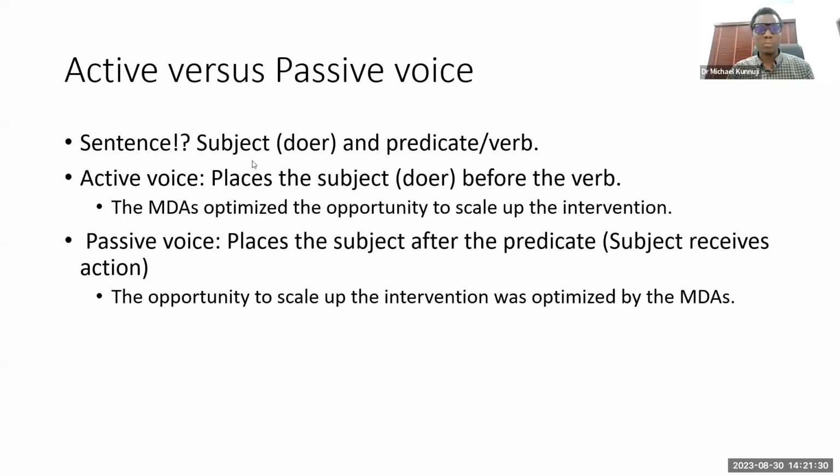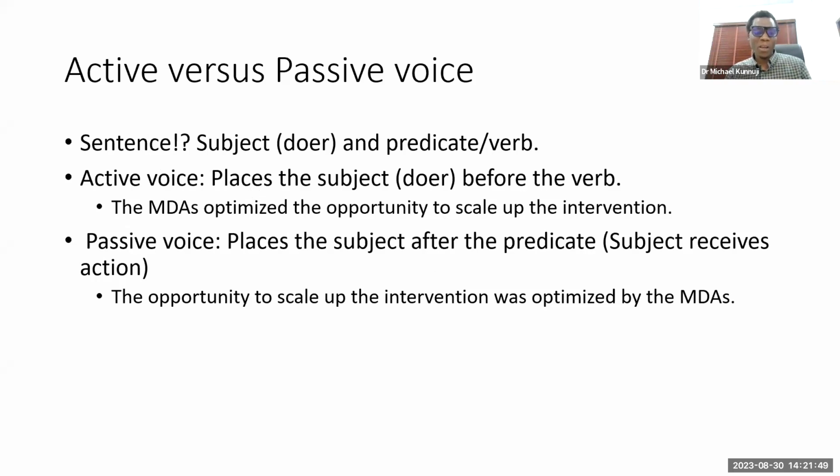Let me see if I can share this example so that we're all on the same page. If you have an active sentence, it means that the doer is coming before the predicate or the action. For instance, you can say the MDA optimized the opportunity to scale up the intervention.